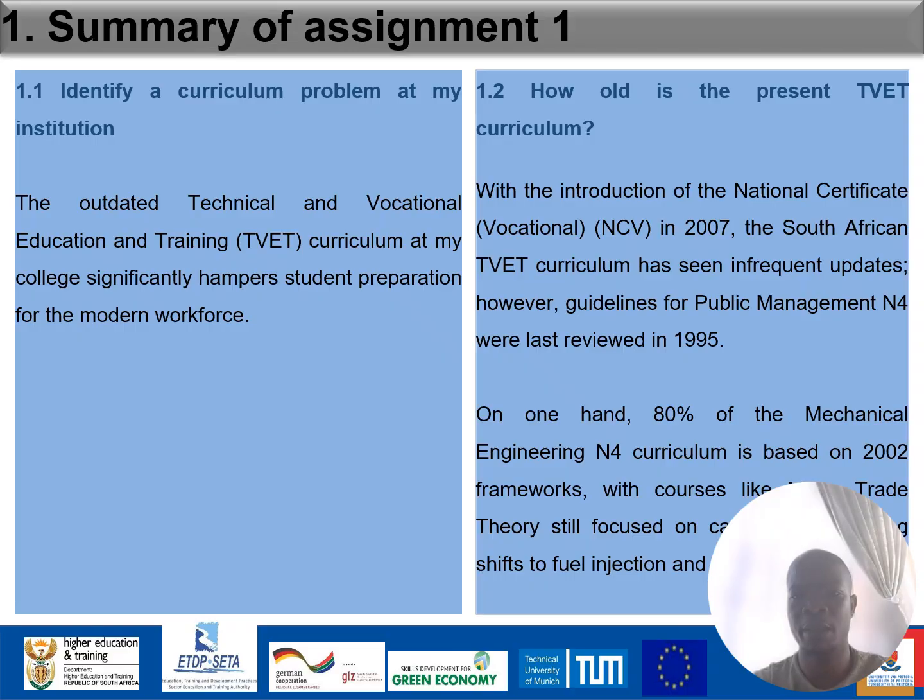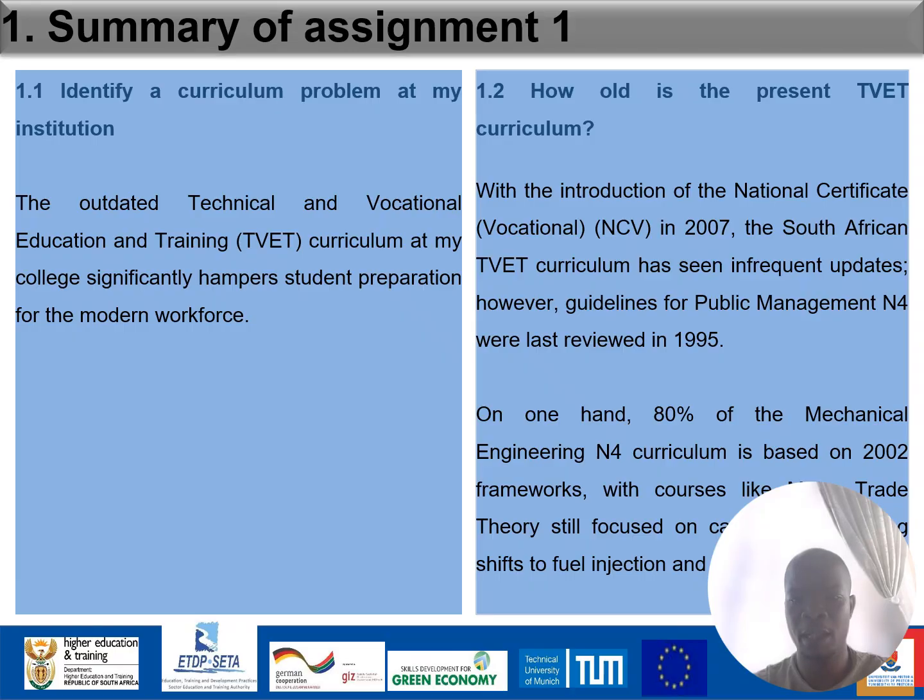How old is the present curriculum in the TVET institution? With the introduction of NCV in 2007, the South African TVET curriculum has seen frequent updates. However, the guidelines for public management were last revised in 1995.